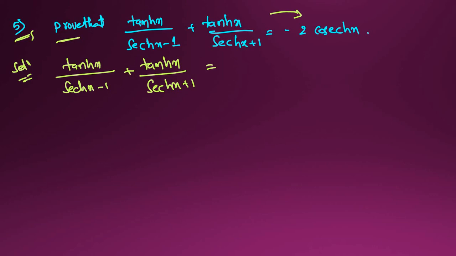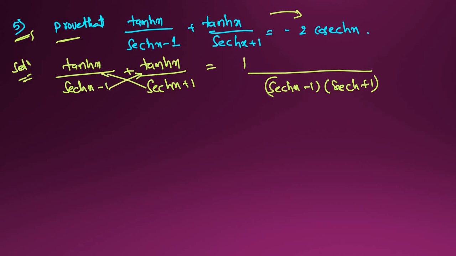Now from this, the LCM will come as sech x minus 1 into sech x plus 1. So cross multiplication will come here. It will become tanh x into sech x plus 1 plus tanh x into sech x minus 1. Okay, so from here we'll multiply with this one.